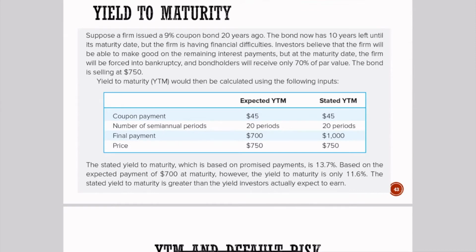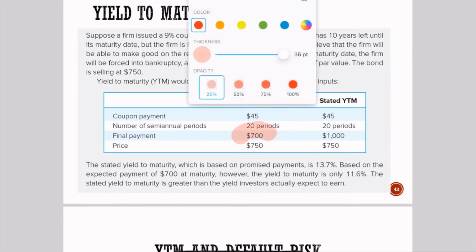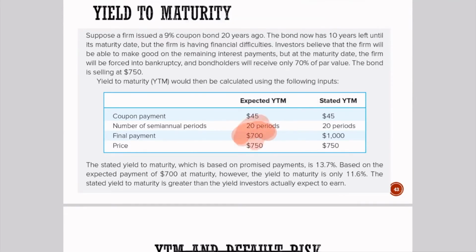So basically, we could calculate the expected yield and the stated yield. The difference here is about the final payment.